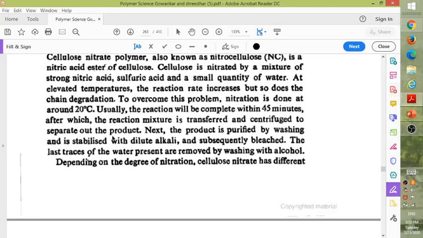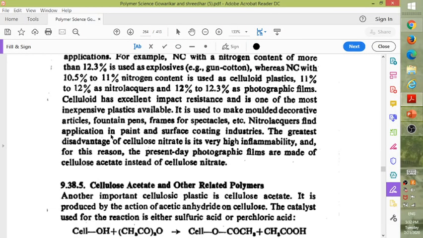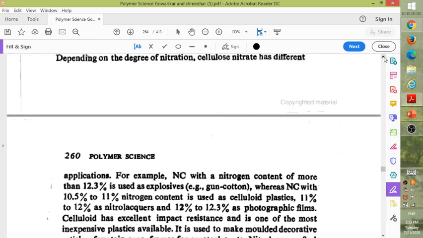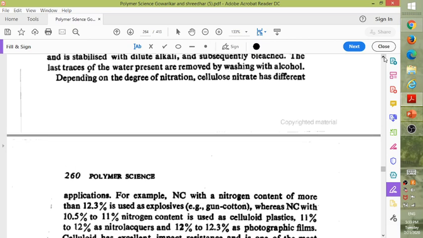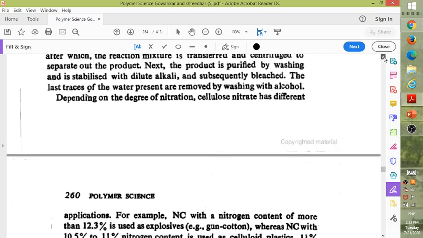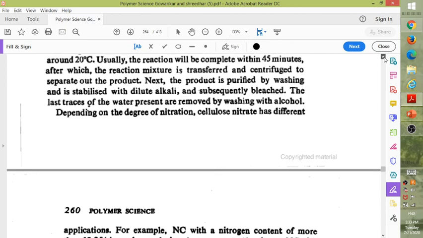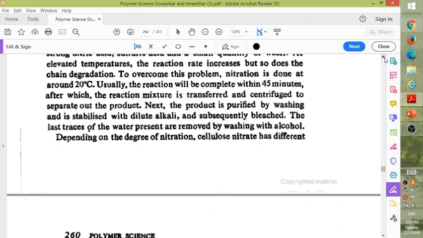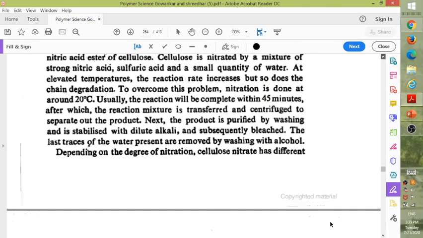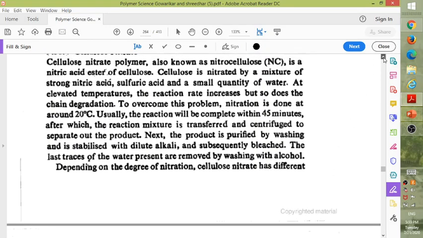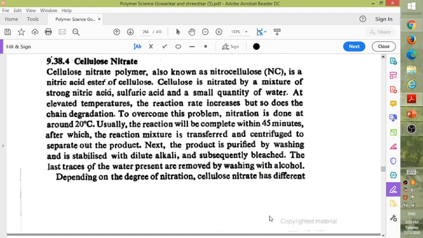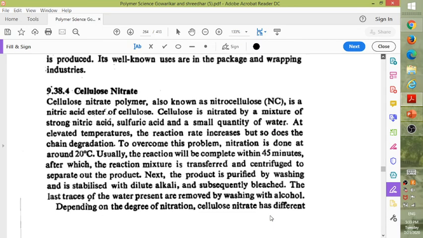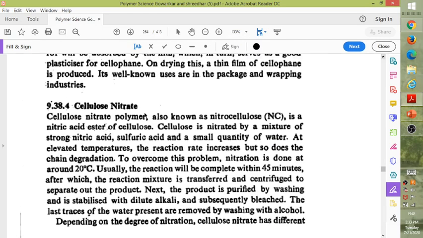So from an examination point of view, you will have to follow the book. Now you see this. I hope it's not a glitch. Bear with me. Gone are the days. Now it's online teaching. So we have to change our attitudes. We have to be a little bit more patient. Now, nitrocellulose or cellulose nitrate.